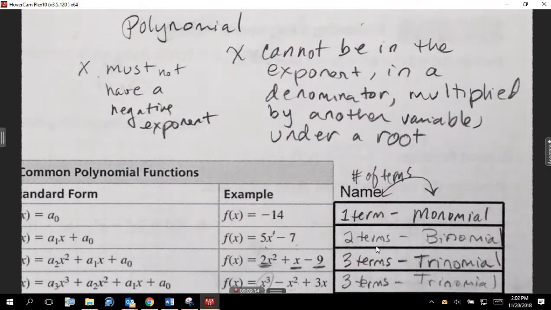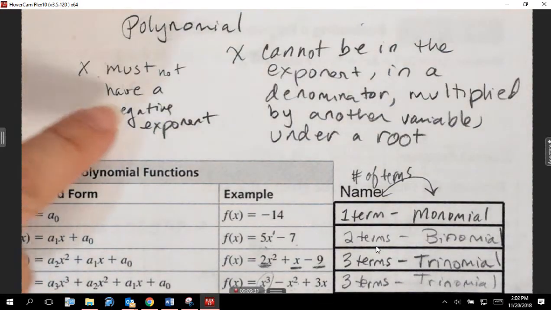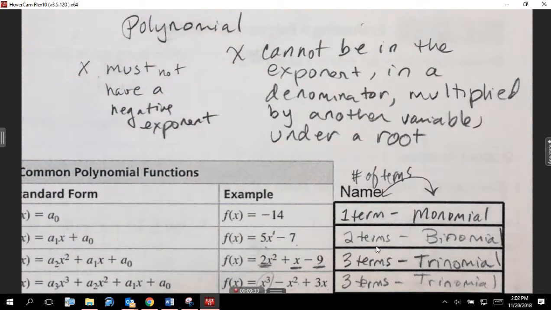If any of those things occur, then we cannot call it a polynomial. Now, if any of those things occur, we can totally do math with it. We can totally graph it. We're going to cover all that stuff. It just won't be called a polynomial. So this is vocabulary and that's it. Just because I have an x that has a negative exponent does not mean I can't do stuff with it. We're just going to say, nope, that's not a polynomial. It's just a vocabulary word.